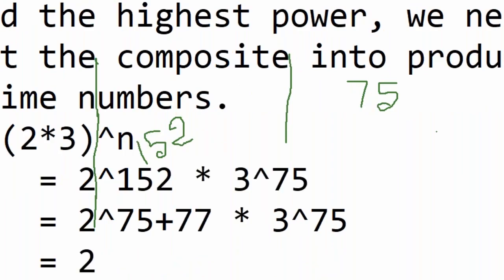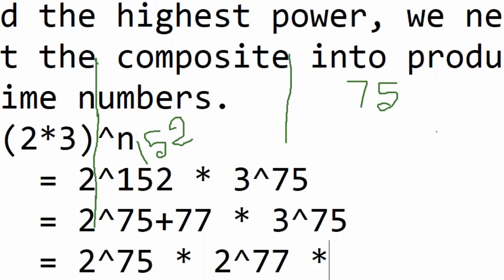So 2 power 77 into 2 power 75, and 77 into 3 power 75. Please concentrate, all of you. 75 is the smaller power. 152 can be written in terms of 75, but 75 cannot be written in terms of 152.